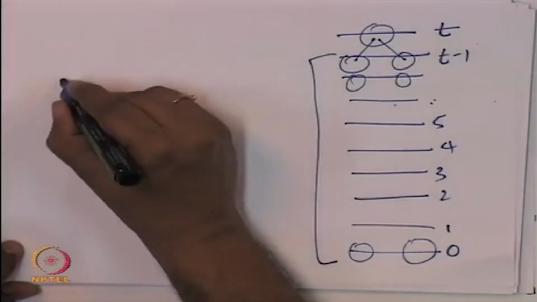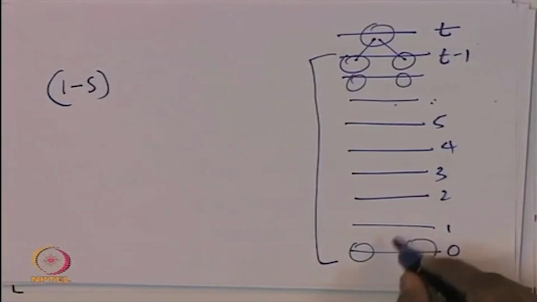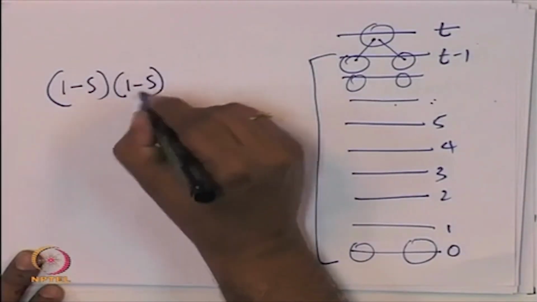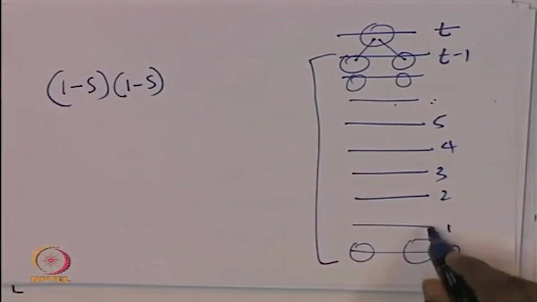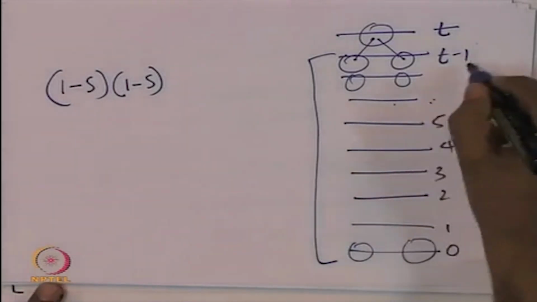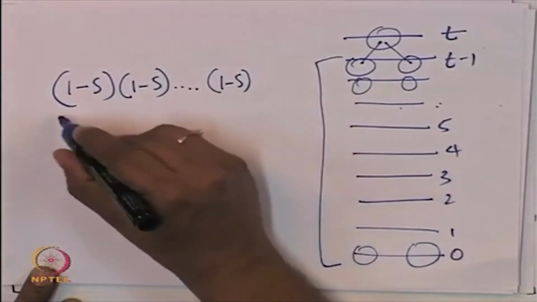So, if 1 minus S is the probability of not having a common parent in the next generation, 1 minus S square, that is 2 times, will be that of not having in 2 successive generations, and there are t minus 1 successive generations. So, up to 1 minus S, t minus 1 times.